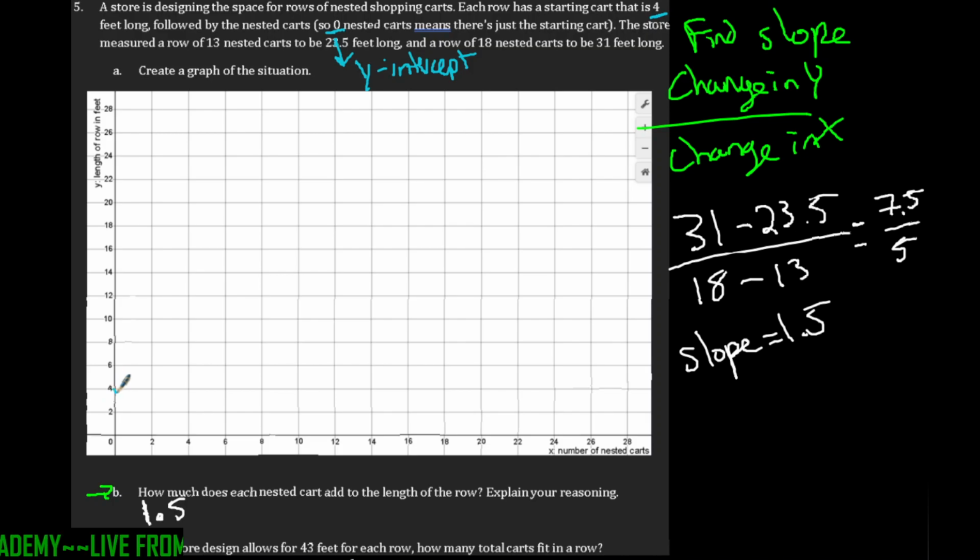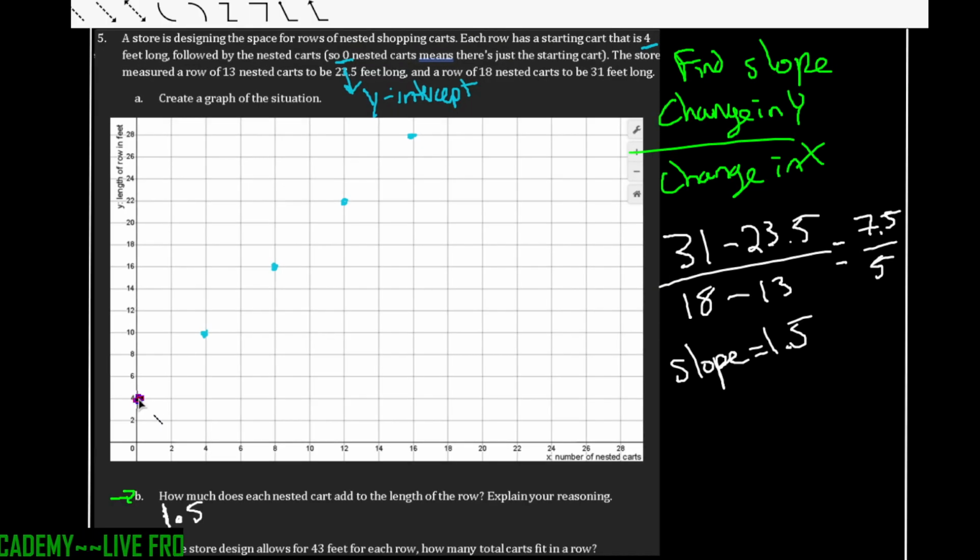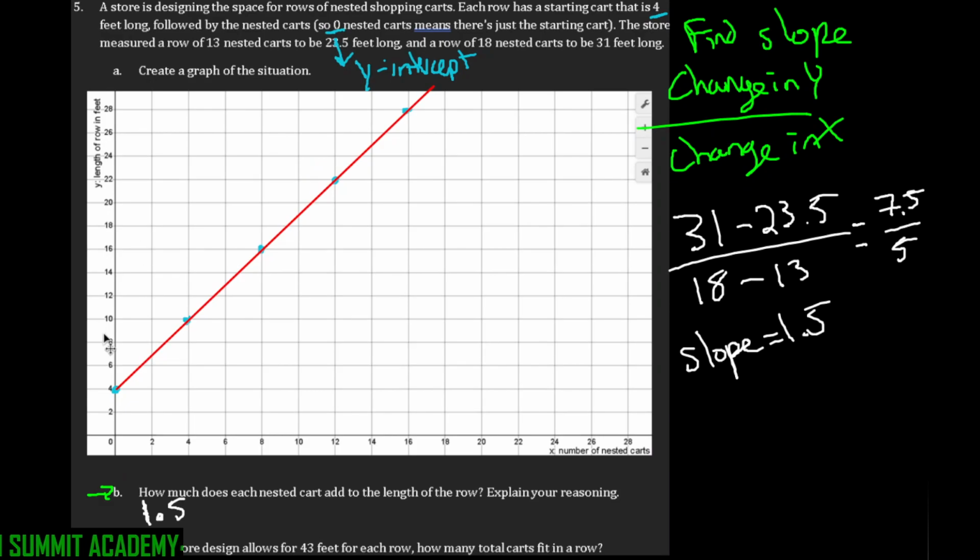So start at (0, 4), and it's like I'm going 2 spaces right, 3 spaces up. Plot each of those points for yourself, so that way you can have your graph. Again, build that staircase, draw the line through those points. Like so. Again, it's not going to be perfect, but that's okay.